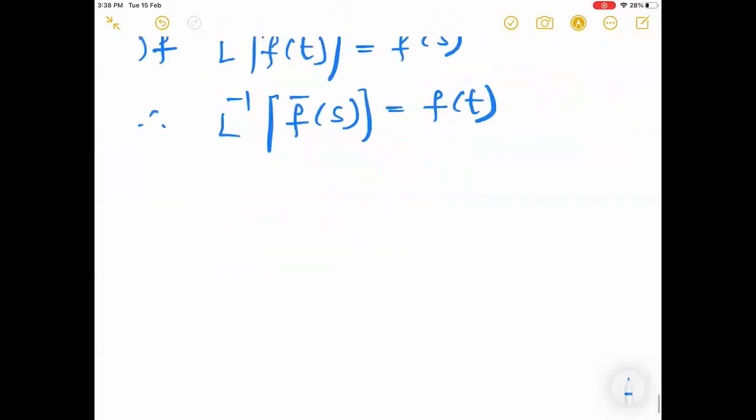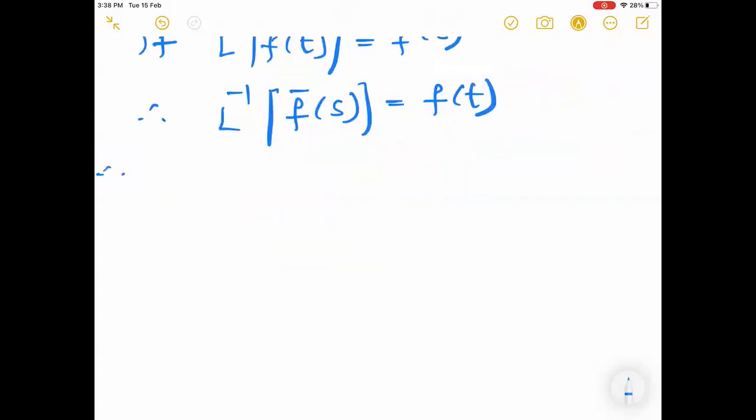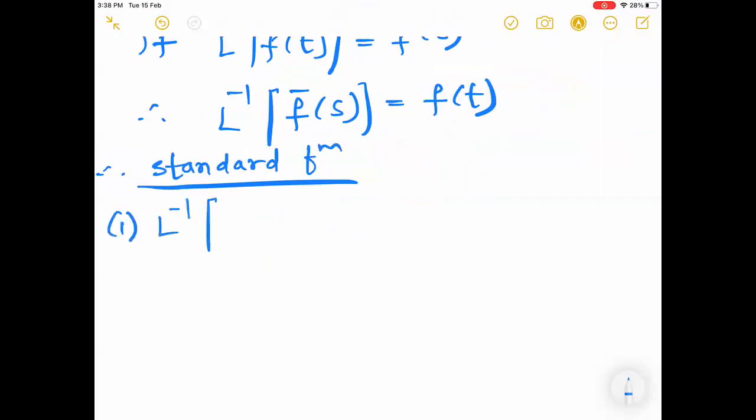And therefore all the standard functions work this way. For example, if I want to calculate the inverse transform of k upon s, what is the answer on the right hand side? If you have written the formula, then tell me. Have you written?